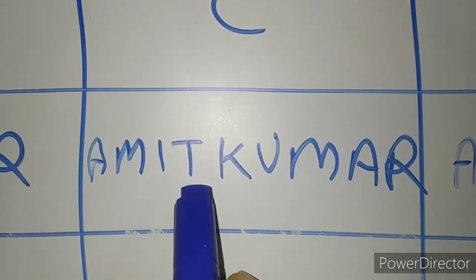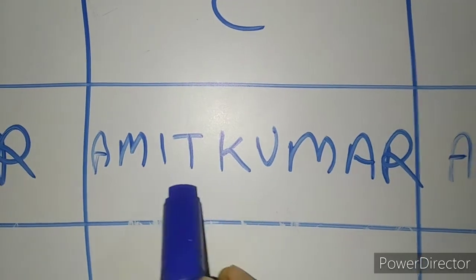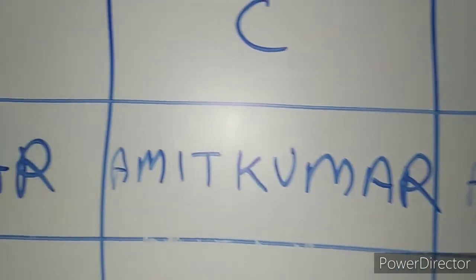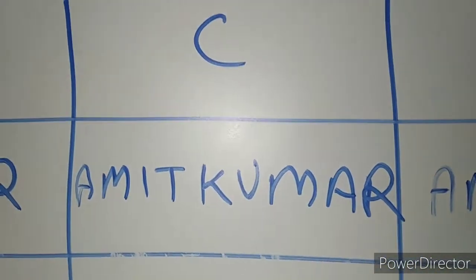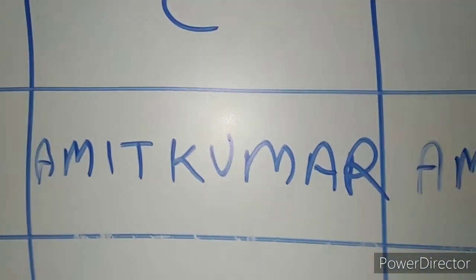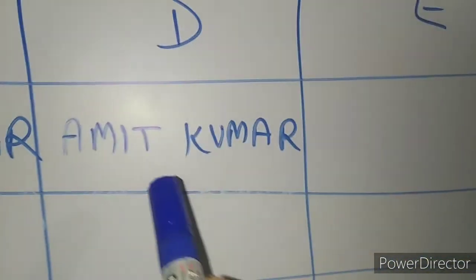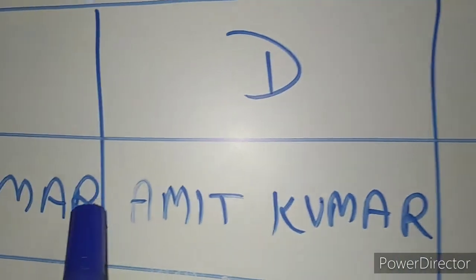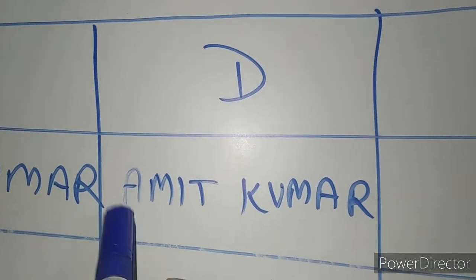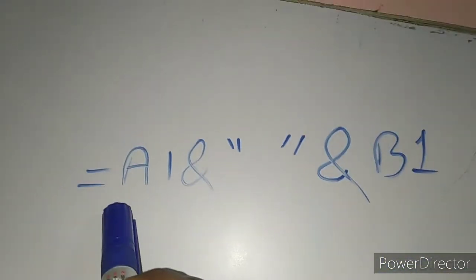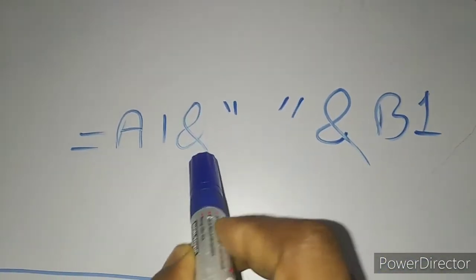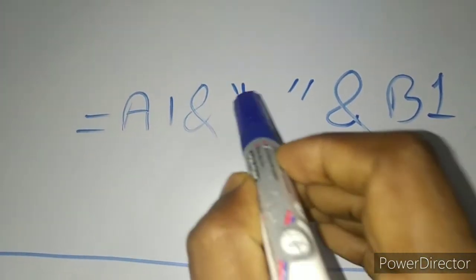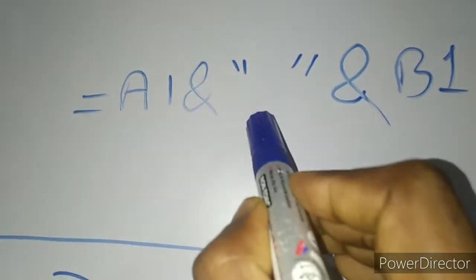But one thing which is notable is there is no space between Amit and Kumar. To put the space between Amit and Kumar, we will use the formula like this. Here we have used the formula in D1: equal to A1 & " " & B1. In the double quotes there is a blank space.